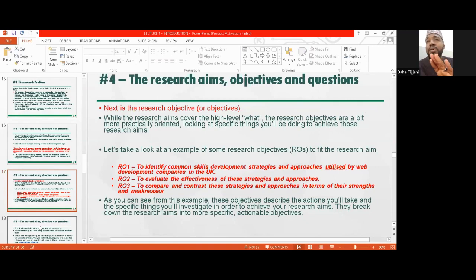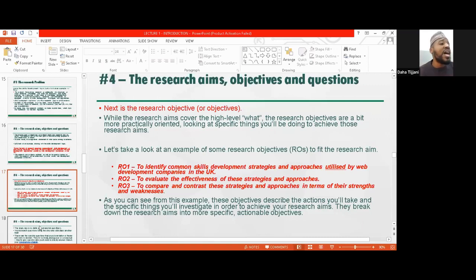So if you have 3 independent variables, you need to have 3 objectives. Research question. 3 objectives, then you need to have 3 research questions. So it needs to mirror each other.